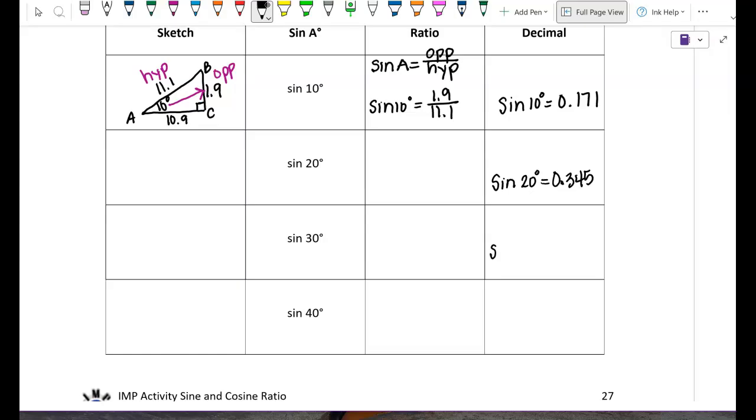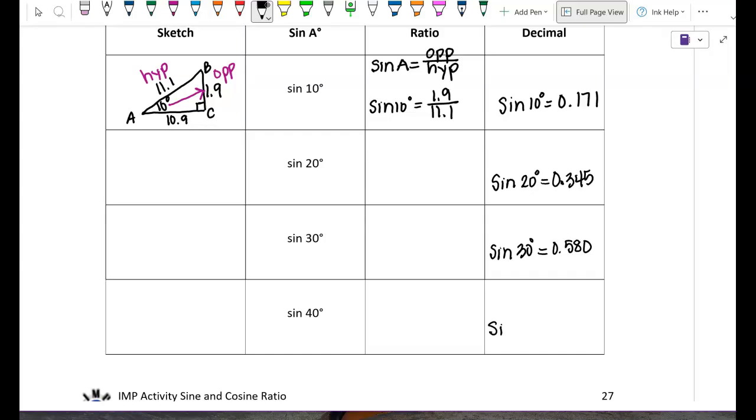Working back towards me, the sine of 30 degrees, it would be Alex and Layla. What was our decimal for the sine of 30 degrees? Okay, 0.58. And since they wanted 3 places, then we would say 0.58 with a 0 out in front.